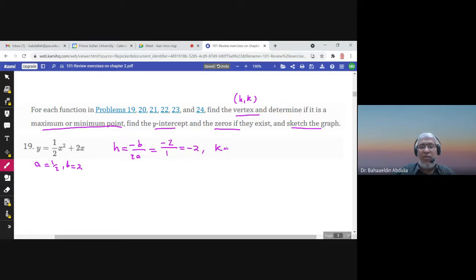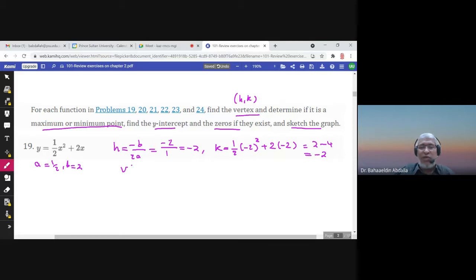And k, we find k by replacing x by negative 2, by h. So it's a half times negative 2 squared plus 2 times negative 2. So k would be, this is 4 over 2, which is 2, minus 4. So it's negative 2.